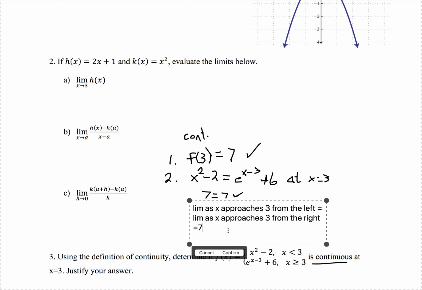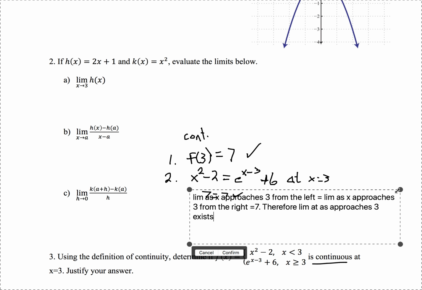I'm saving time so my computer can handle it by typing it. So we now know that f of 3 equals 7. The limit exists, and it is 7 as well. So we can say, therefore, the limit as x approaches 3 exists.